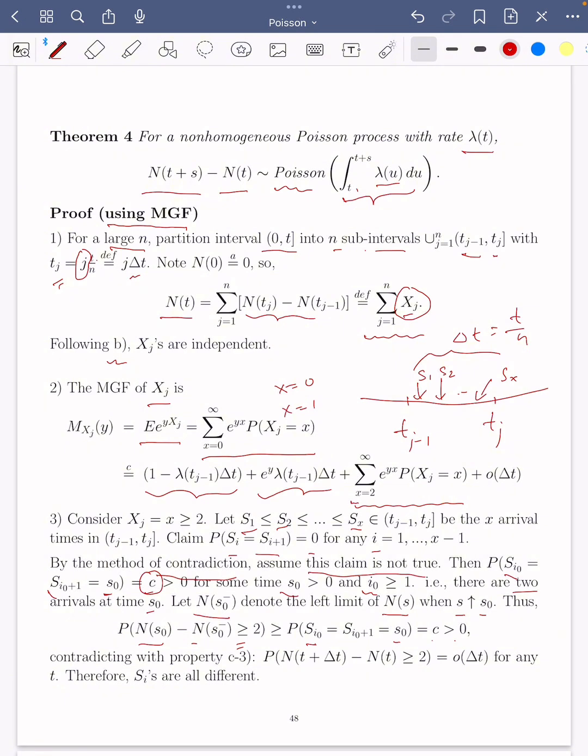So we conclude that this property is a constant and also larger than 0. So this fact actually contradicts with the property C3, which says that the chance that N(t plus delta t) minus N(t) larger than or equal to 2 is equal to a little o of delta t. Okay, and then this one implies that S1, S2 up to S sub X are all different.